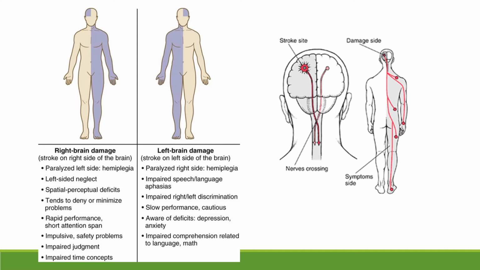They're going to have impaired speech or language, aphasias, so that's where the words just aren't coming out. So it might be receptive, they can't understand what you're saying, or it might be expressive, something they're trying to say. They're going to have impaired right and left discrimination, so having issues with understanding what's on the right and what's on the left.